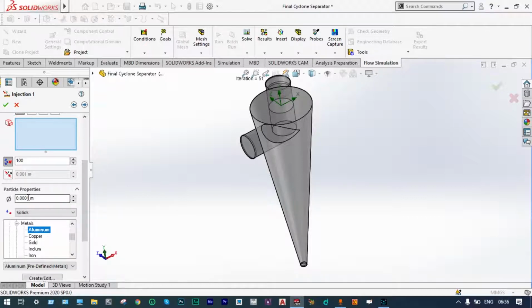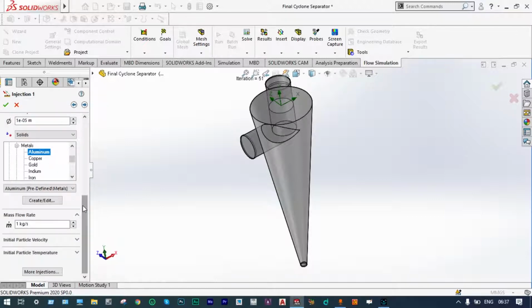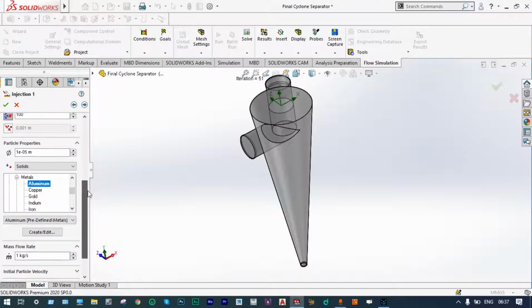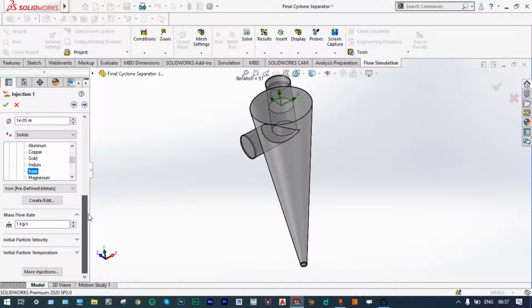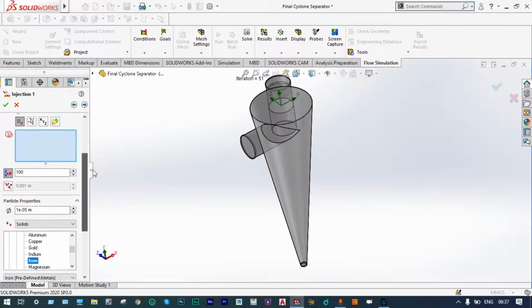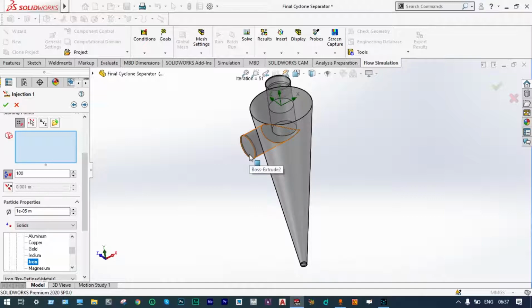Let us make this particle size very small, right? In this particle study, we are considering iron particles of diameter 10 to the minus 5 meter and with a mass flow rate of 1 kg per second. We have to select that location from which the particles will be initiated.